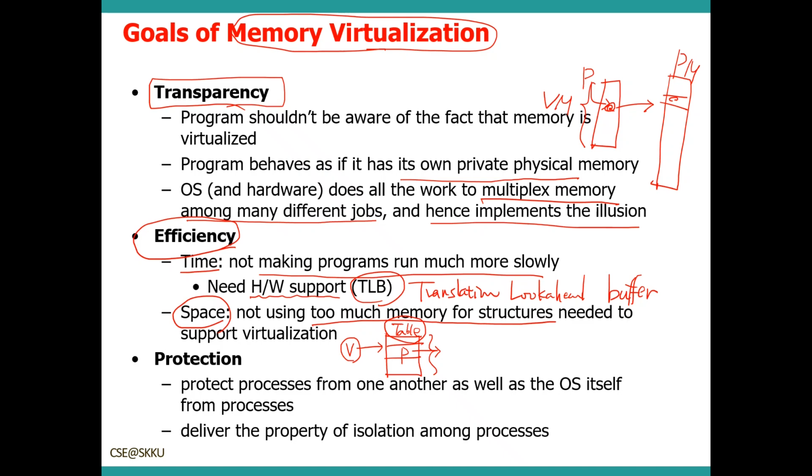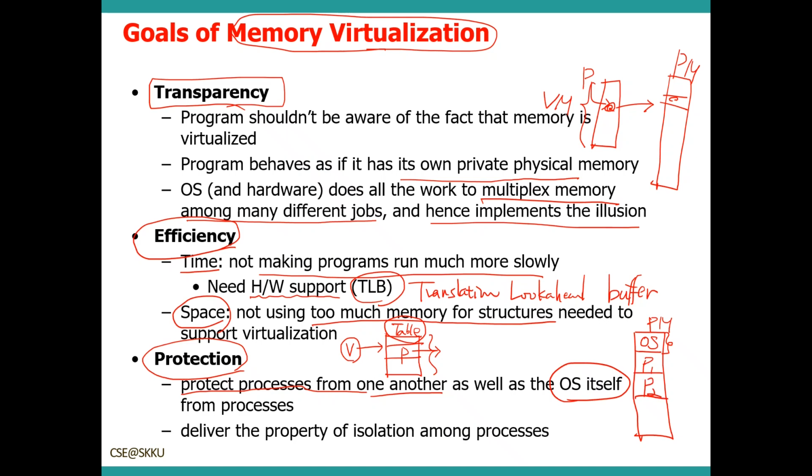The next goal is protection. Okay, so the operating system protects processes from one another as well as the operating system itself. That means if this is the physical memory space, some region is reserved for the operating system. Only the operating system can access this region, and this region can be allocated for process 1.